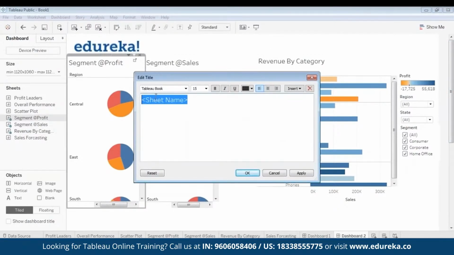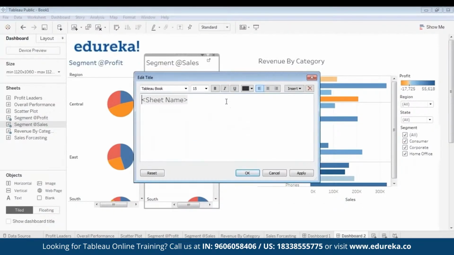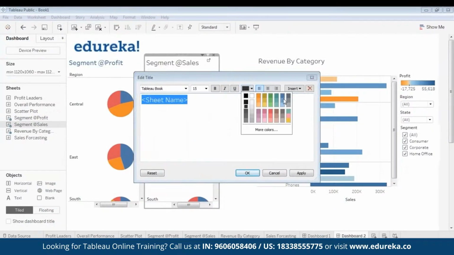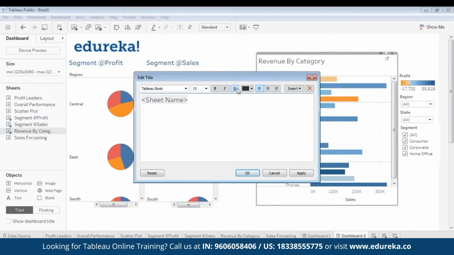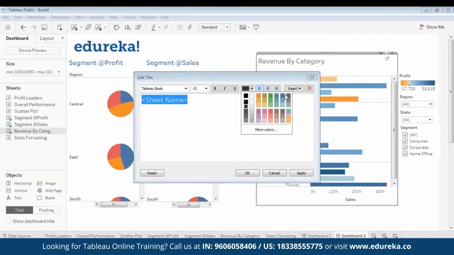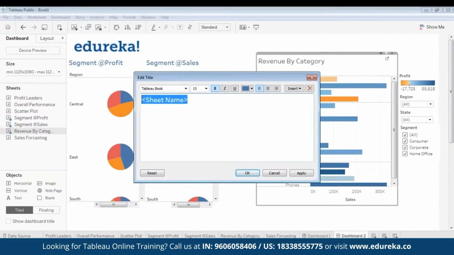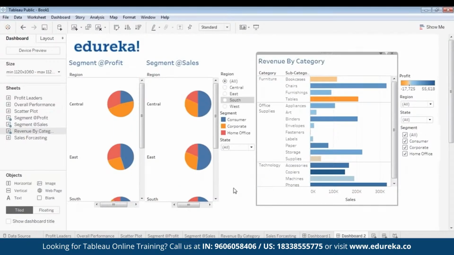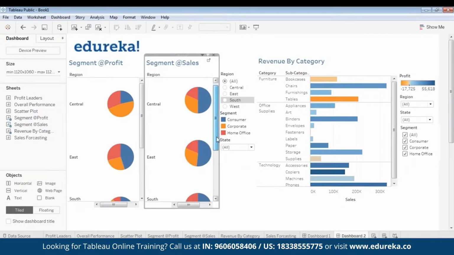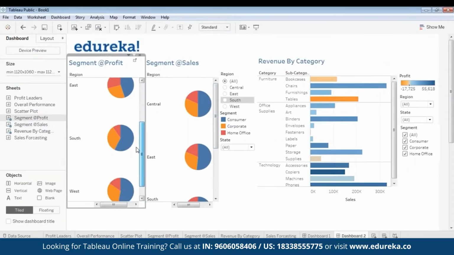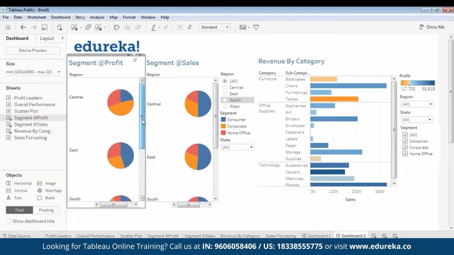You can change the color also. I keep the similar color that I have kept for other sheets. So my segment by profit is there, my segment by sales is there, my revenue by category is there now.